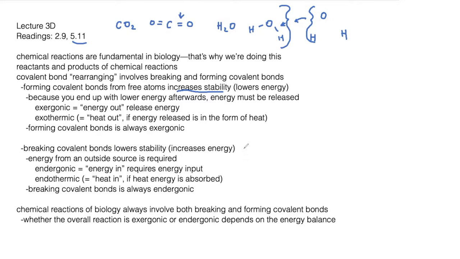The breaking apart of covalent bonds is going to require energy, and what we're going to have to do at the bottom, and we're kind of skipping to the end right here, is to say, well, whether that overall reaction is going to be endergonic or exergonic, whether it's going to have an energy source bringing energy from the outside to drive the reaction forward, or whether it's going to be a reaction that is not going to need an outside source. In fact, it'll happen kind of spontaneously because we've got the laws of thermodynamics behind us, right?